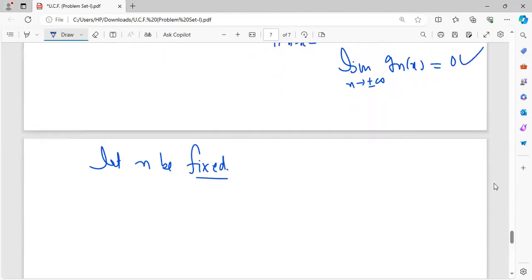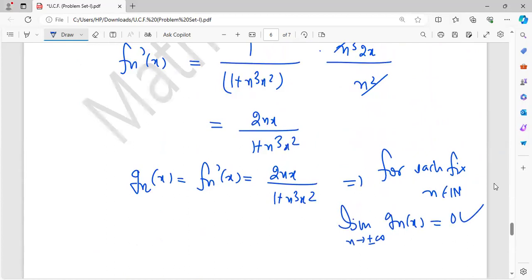First, you tell me, what is the pointwise limit of gn(x)? This is my x. What is the pointwise limit, limit n tending to infinity of gn(x)?